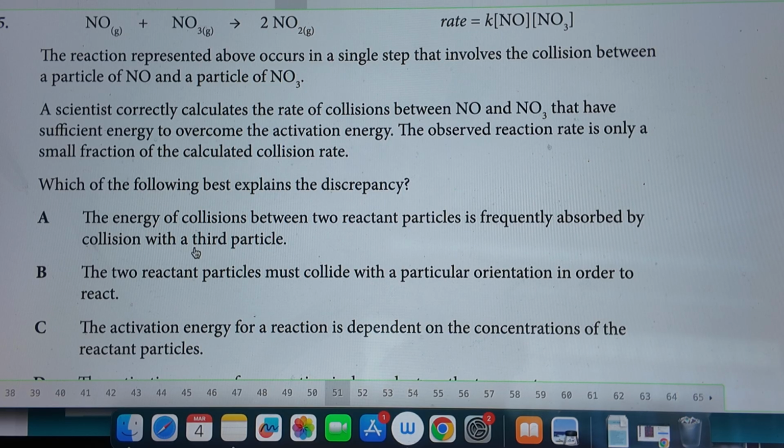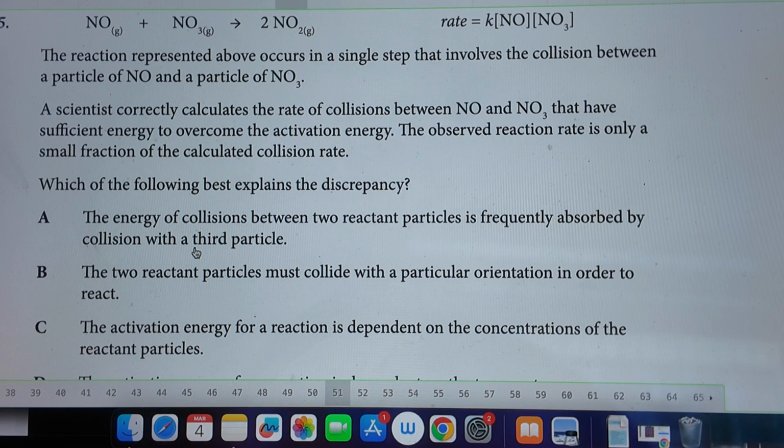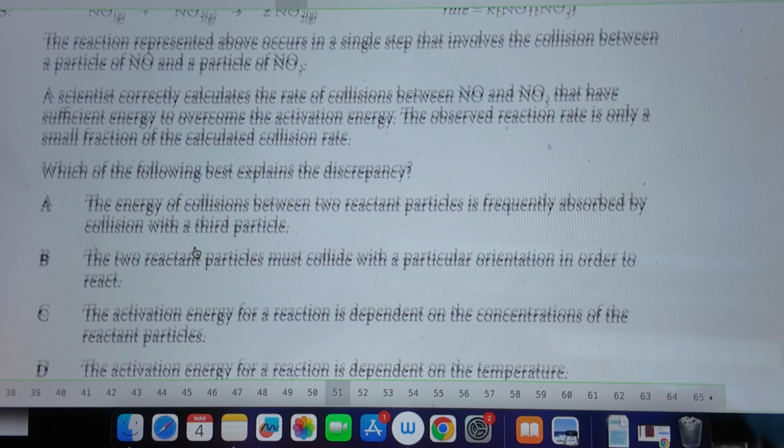A scientist correctly calculates the rate of collision between NO and NO3 that have sufficient energy to overcome the activation energy. The observed reaction rate is only a small fraction of the calculated collision rate. Which of the following explains the discrepancy?